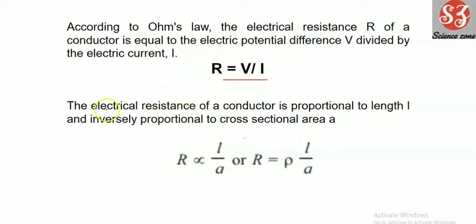Now, the electrical resistance of a conductor is proportional to the length and inversely proportional to cross section area.